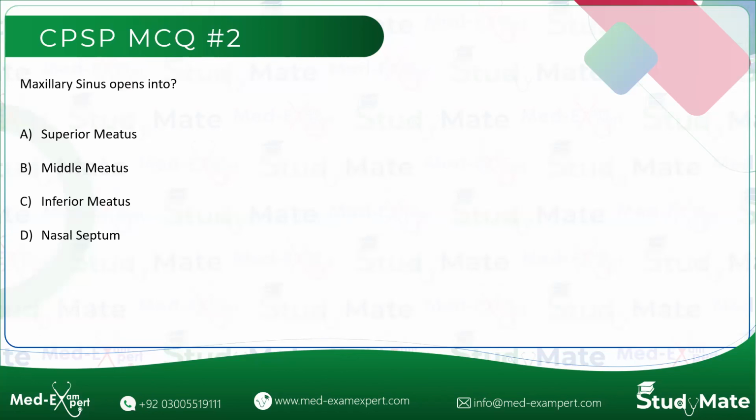Okay, I can see almost everyone has correctly answered that maxillary sinus opens into the middle meatus. So as maxillary sinus is part of the anterior group of the paranasal sinuses, which join together to open into the middle meatus. Anterior group of the paranasal sinus contain frontal sinus, anterior ethmoidal air cells, and the maxillary sinus.